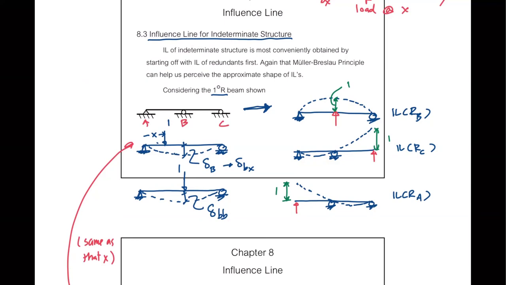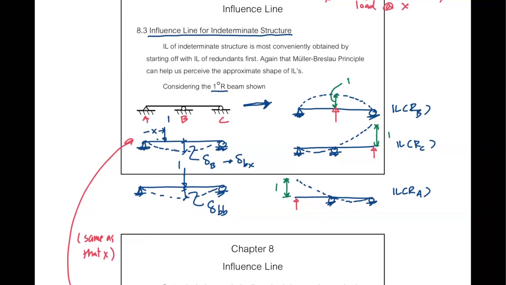Anyway, we need the quantitative, which means we need the value. If you are going to calculate the value, we need the magnitude of the reaction, right? From this first picture, if you can recall the force method, you can calculate delta BX.